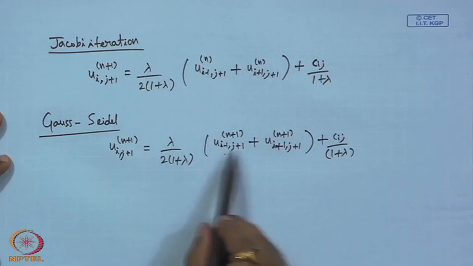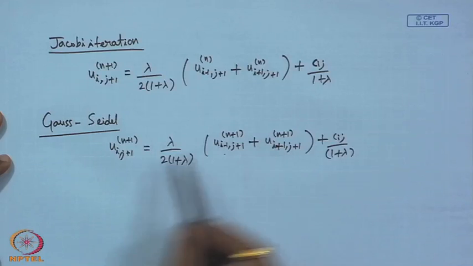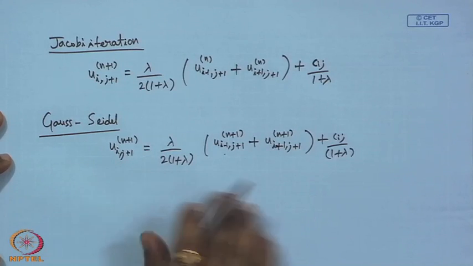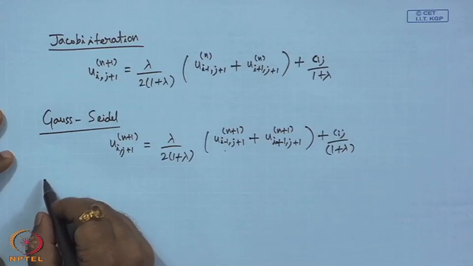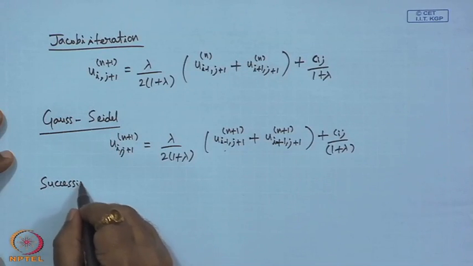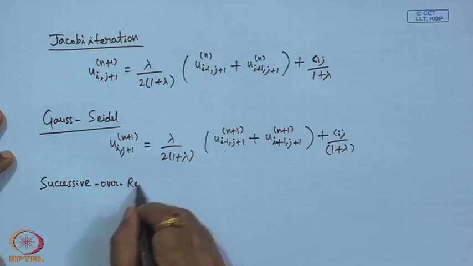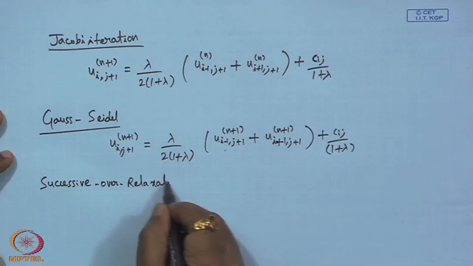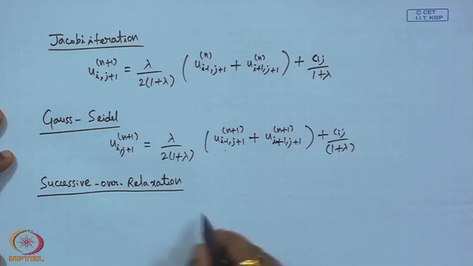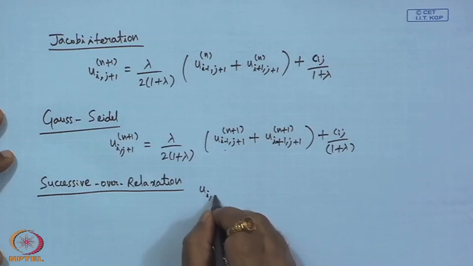So, you see u i minus 1, u i plus 1, if you have them at the n plus 1th iteration, we use them to compute i. Okay. So, the Gauss-Seidel, and of course, the other one, successive over relaxation. Okay. So, this is another standard method to solve a system of equations.